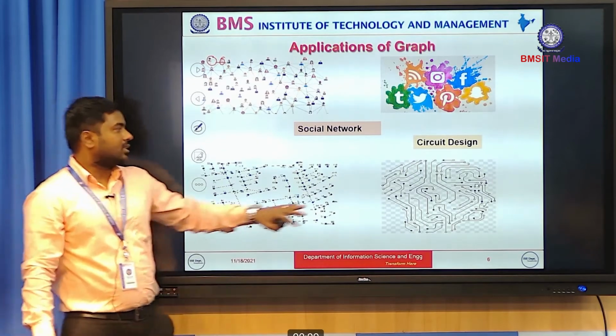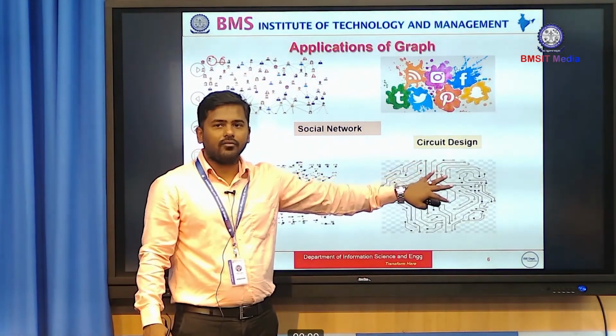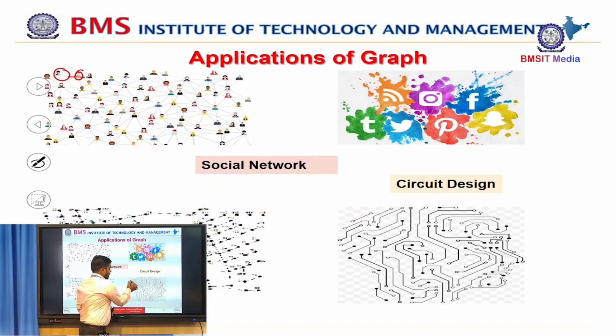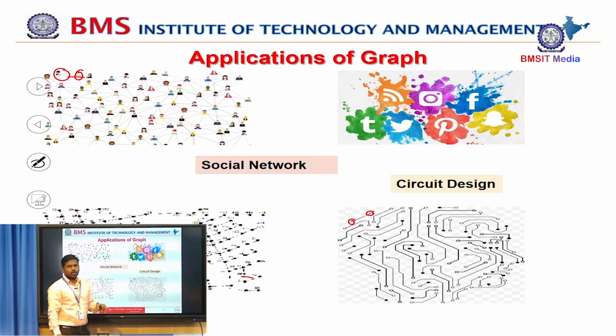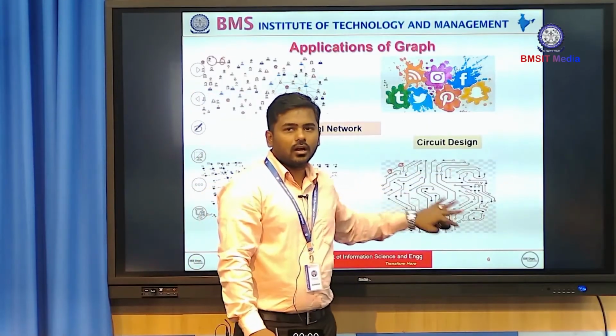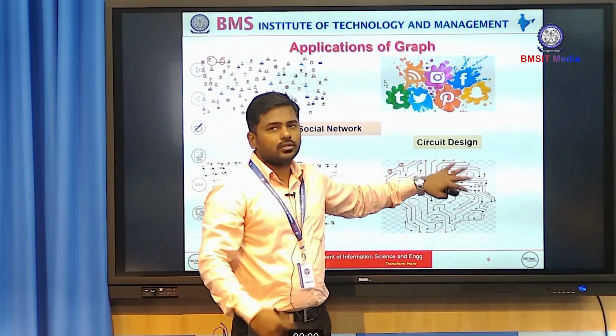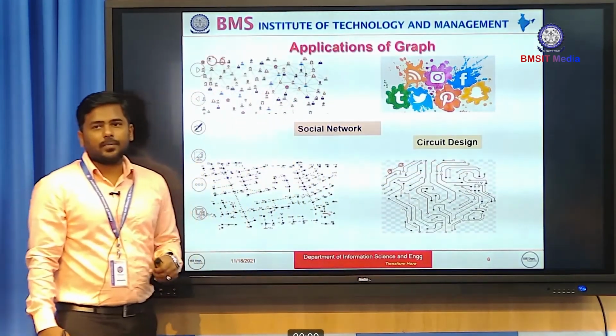In order to realize that, first we design a graph. Each electronic component is taken as a vertex, and to connect one electronic component to another, we use edges. This is the design that we first draw using the graph concept, and this is used for PCB design.